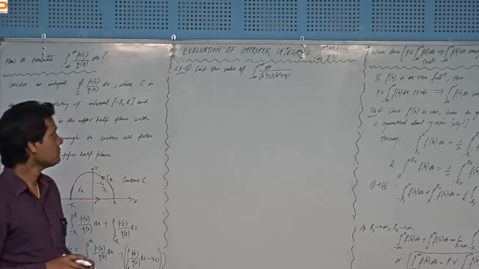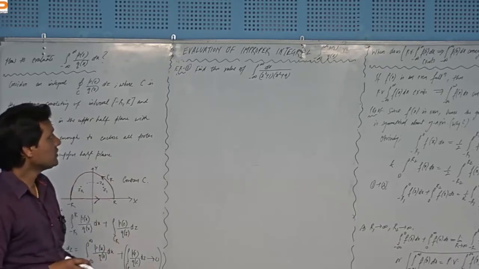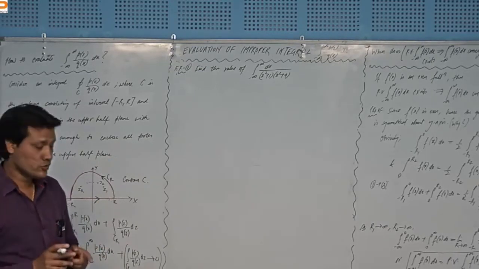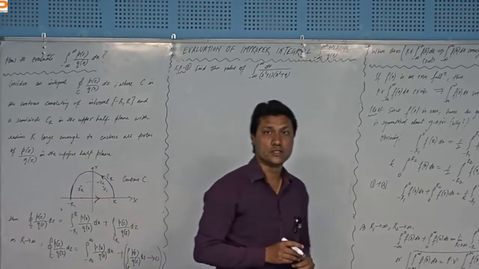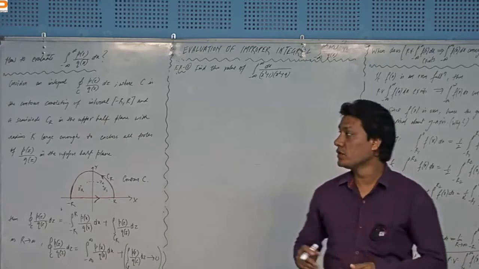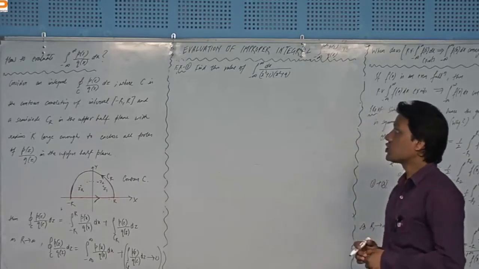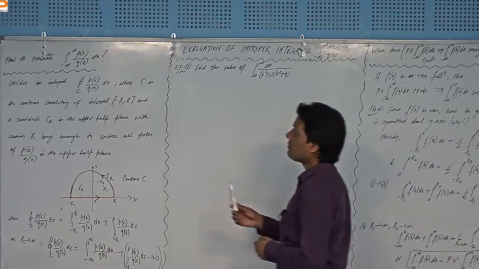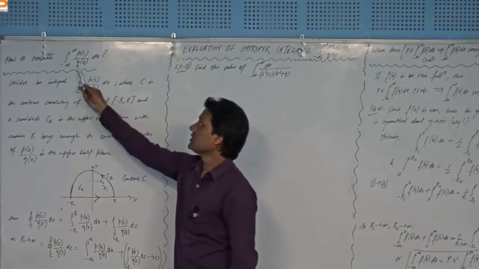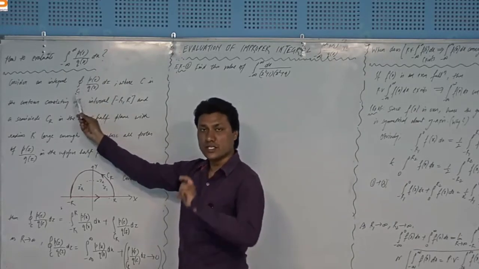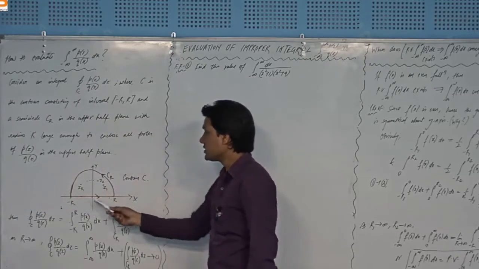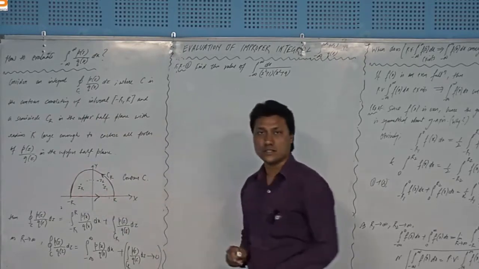So we have to evaluate this integral. This is a real integral, but we will use residue theory to evaluate it. Before that, I have to consider a corresponding complex integral: you just replace x by z and put C here, where C is defined as the semicircle together with this diameter.